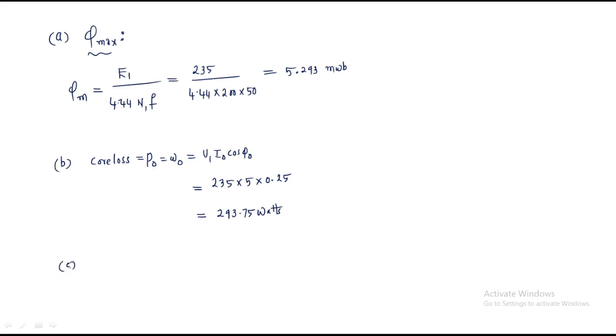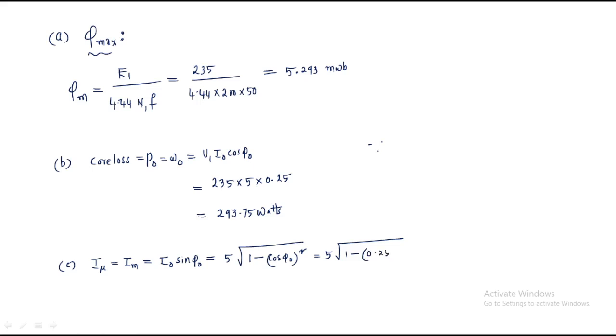And what is the third one? I mu, the magnetizing component of current, which equals I naught into sin phi naught. For sin phi naught, you get I naught, which is 5, into the square root of 1 minus cos phi naught whole square, which equals 5 into the square root of 1 minus 0.25 whole square.